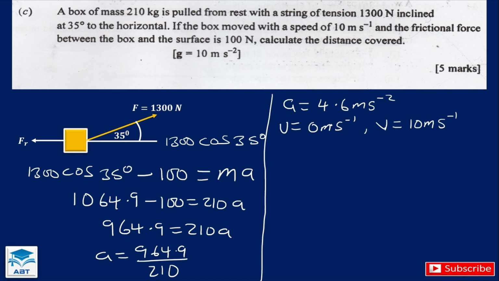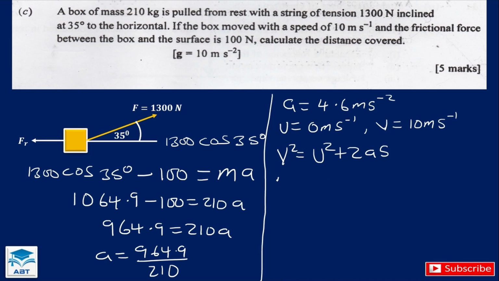We have the acceleration here. So Newton's third equation of motion will be helpful. That is, final velocity square is equal to initial velocity square plus 2 times acceleration times the distance.